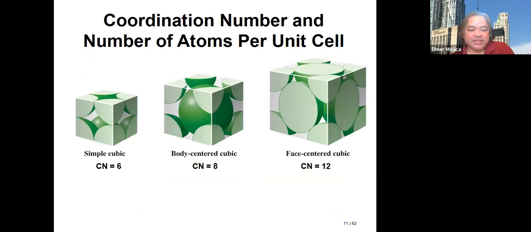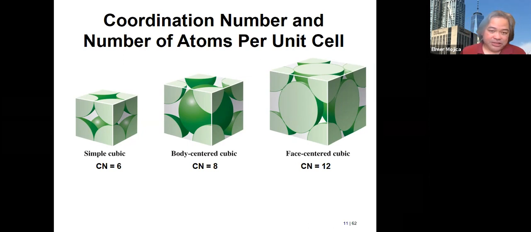We have this term called coordination number. This is just a number that is assigned to tell you how compact the given solid is. There is usually an associated number for simple, body-centered, or face-centered cubic.